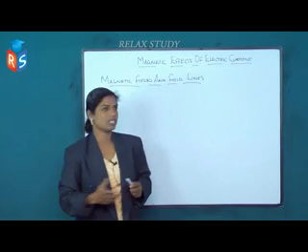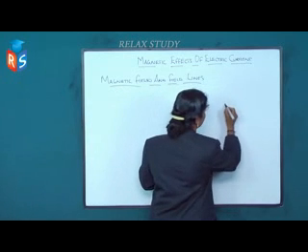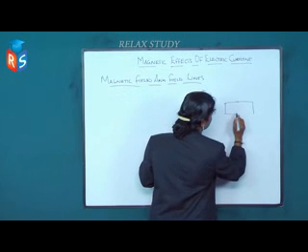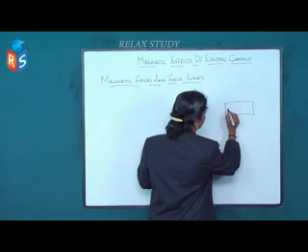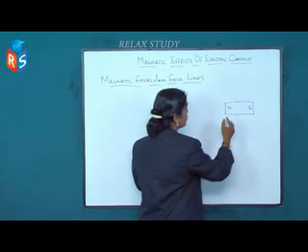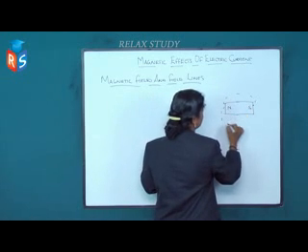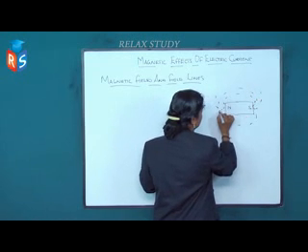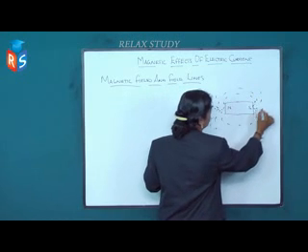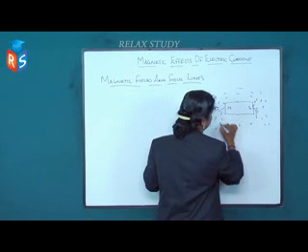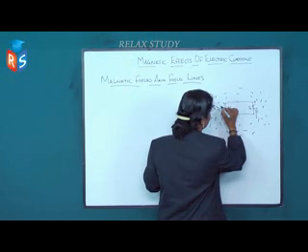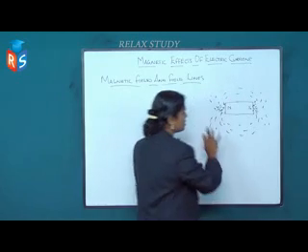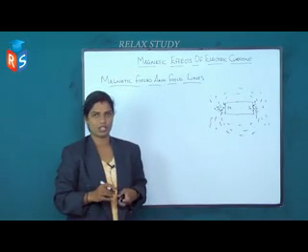If you go for the iron filings with a simple bar magnet, north and south, and sprinkle them, you will find that they get aligned like this. Here they are very much crowded, and here also very much crowded. This is a simple arrangement they are expected to take.